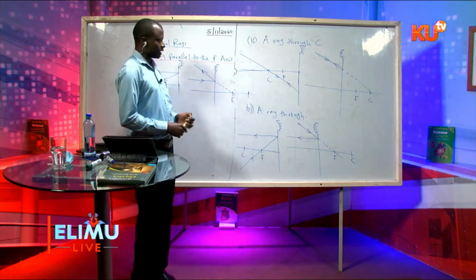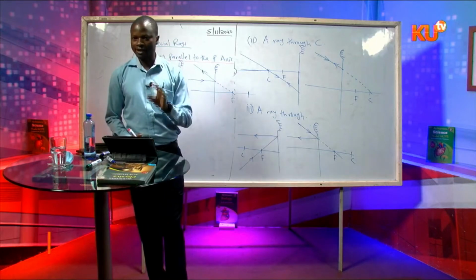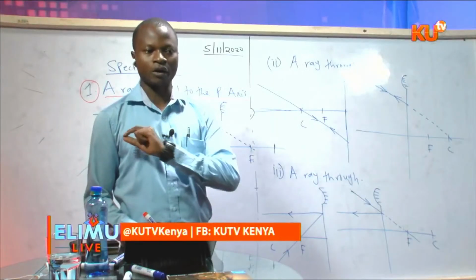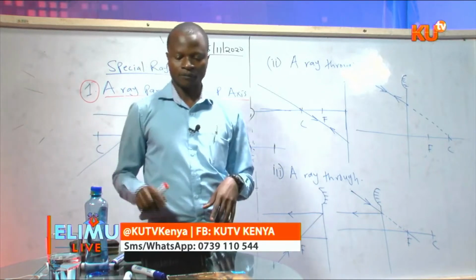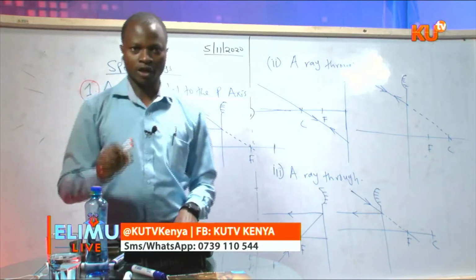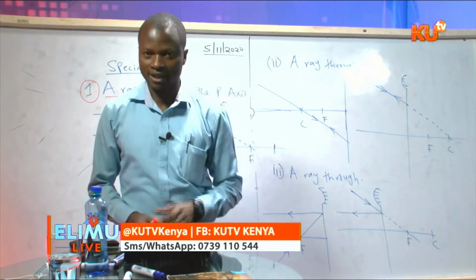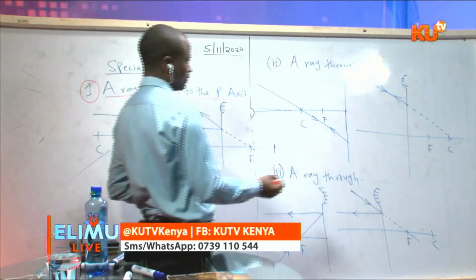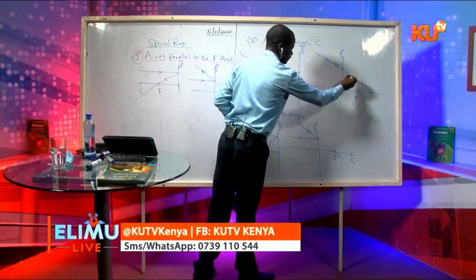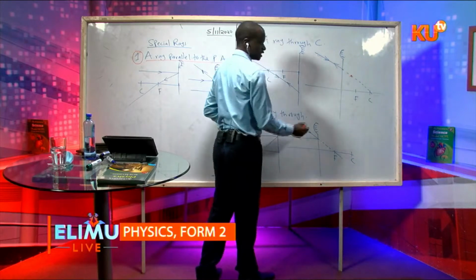Then another important thing is that all real objects and real rays are represented by continuous lines, while all virtual images and virtual rays are represented by dotted lines. So if we had an image here, if the rays, let's say, met somewhere here, that's the tip.